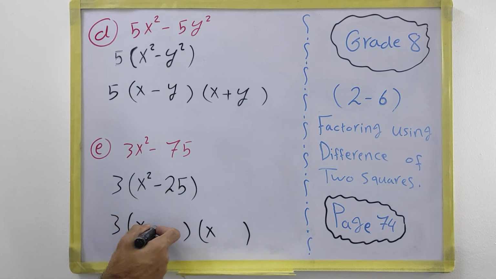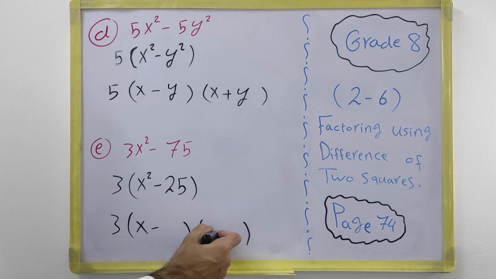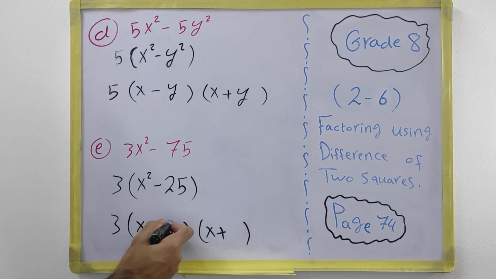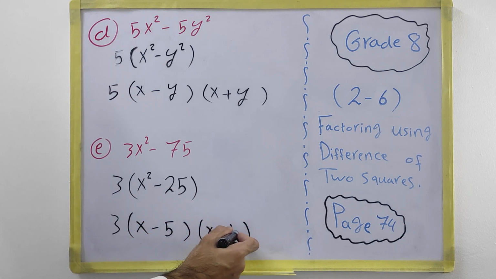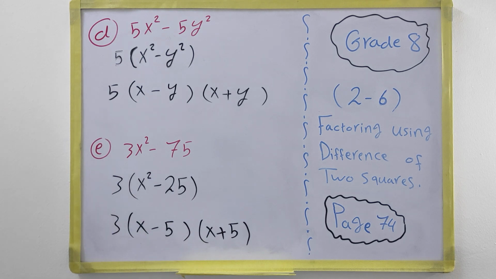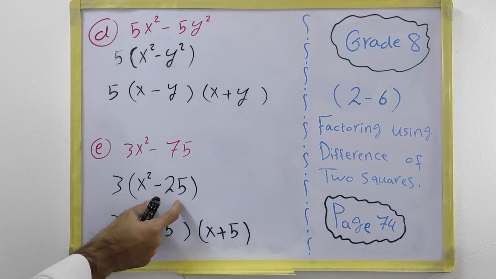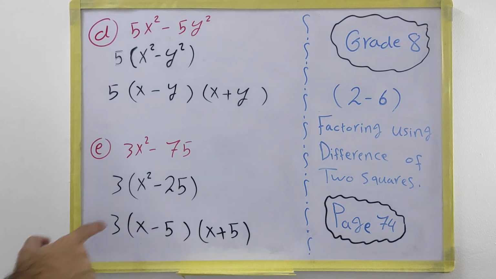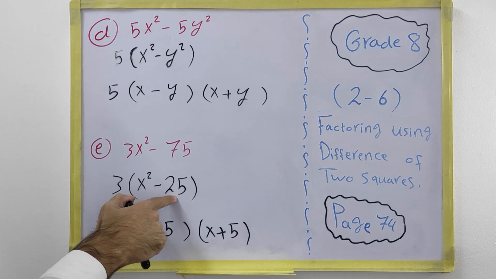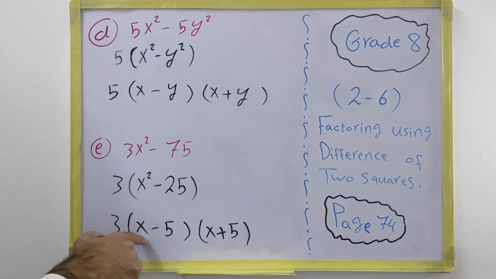We know this came from 5 power 2. So we write minus 5 and then plus 5. The same thing as we did in the example that we had before. X power 2 minus 25 means x power 2 minus 5 power 2. So x minus 5, x plus 5.